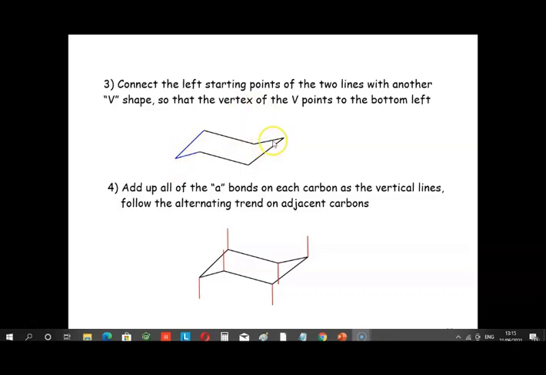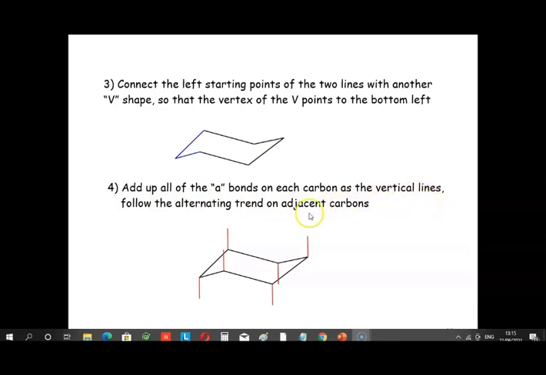Here the vertex of the V points to the top right, whereas here the vertex of the V points towards the bottom left.